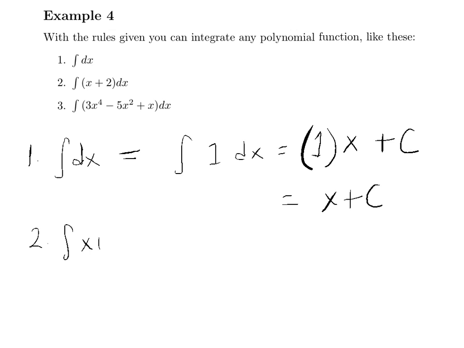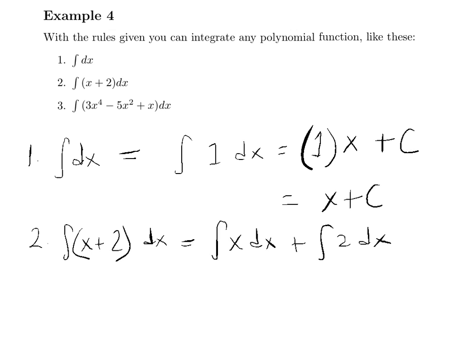Okay, that's 1. Number 2, we can apply our addition rule here. So the integral of (x plus 2) dx. Notice there's parentheses to indicate that the dx applies to both the x and the 2. Okay, this is the same as saying the integral of x dx plus the integral of 2 dx. So we can break it apart in our head, make sure we understand, then integrate each part.